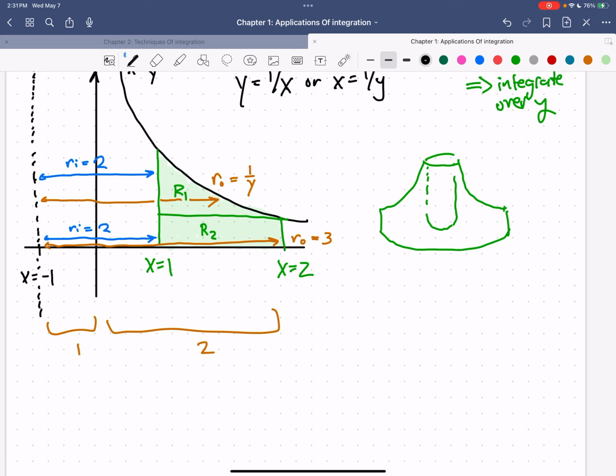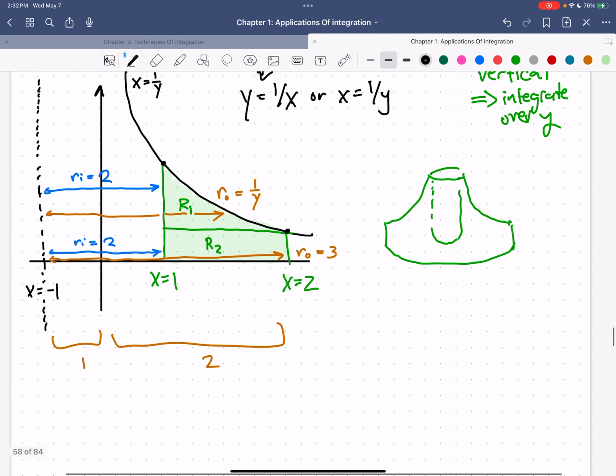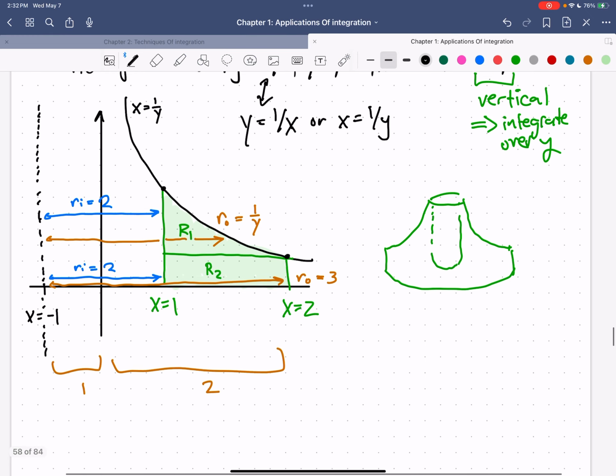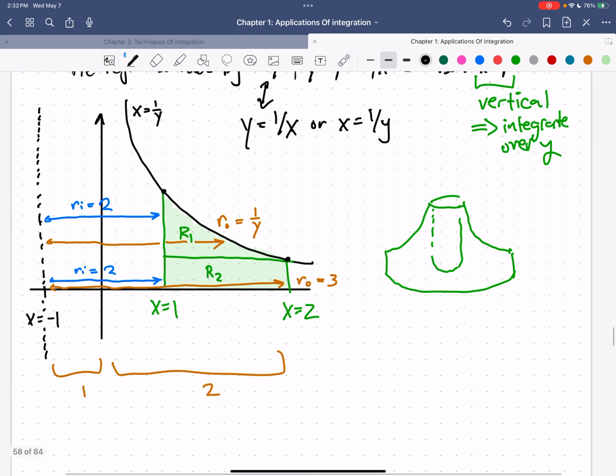All right, and then the only other thing that we need are the bounds of integration for each of these regions. Well, let's find the coordinates of these points. The line x equals 1 intersects our function x equals 1 over y at (1, 1).